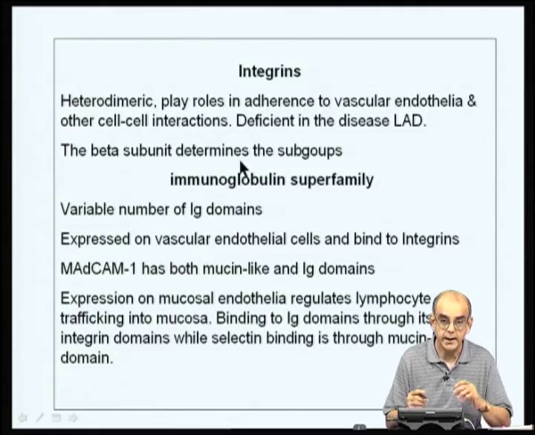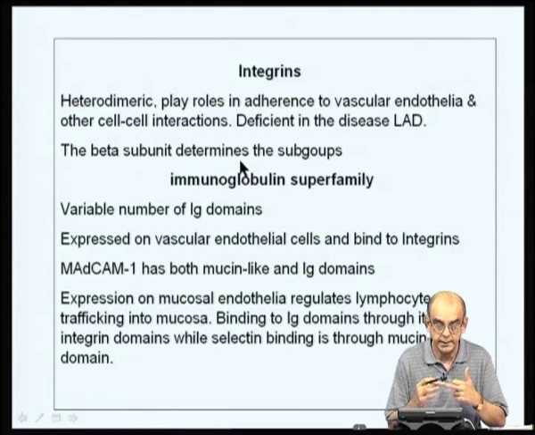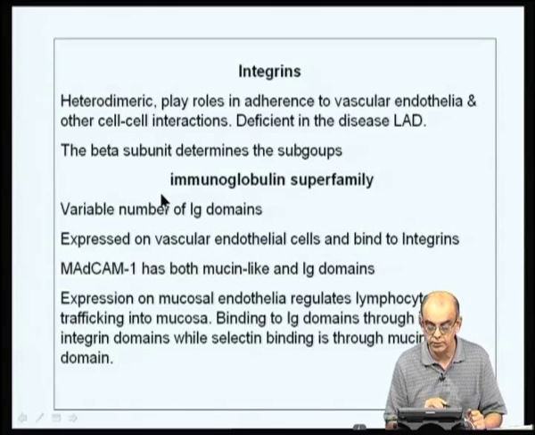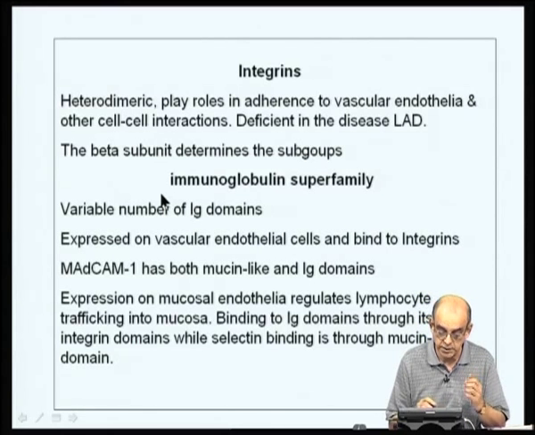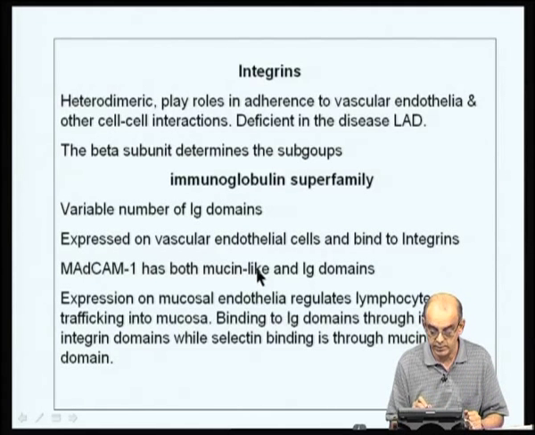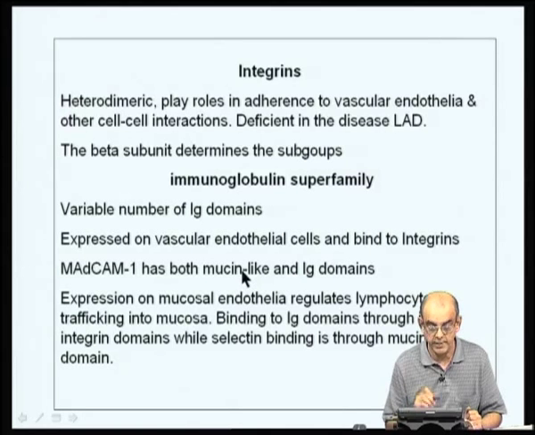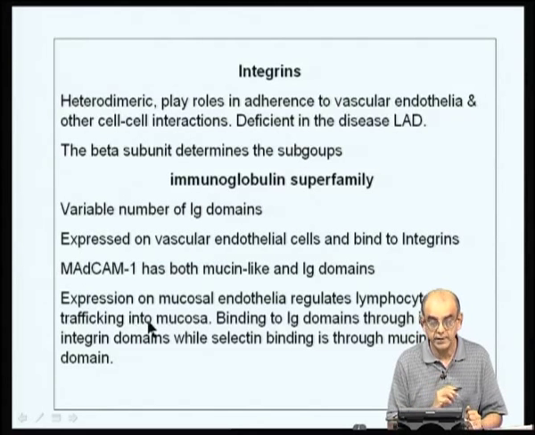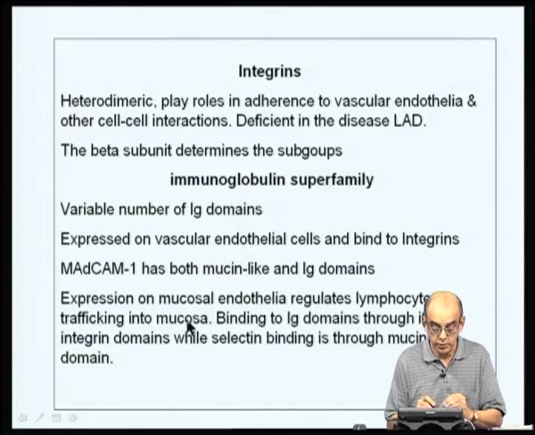So, these are a kind of a pair, they interact with each other, and of course, there are important molecules such as MADCAM1, which is a member of the immunoglobulin superfamily, as well as the mucin superfamily, because they express both types of domains.